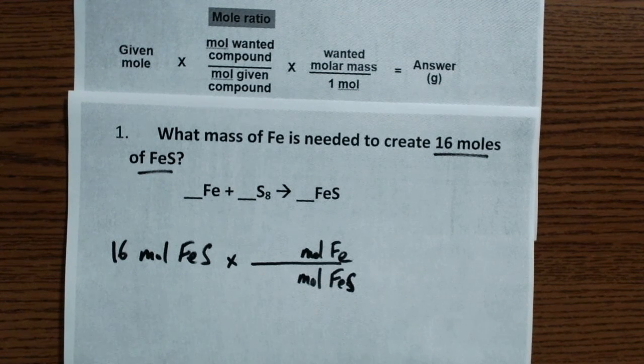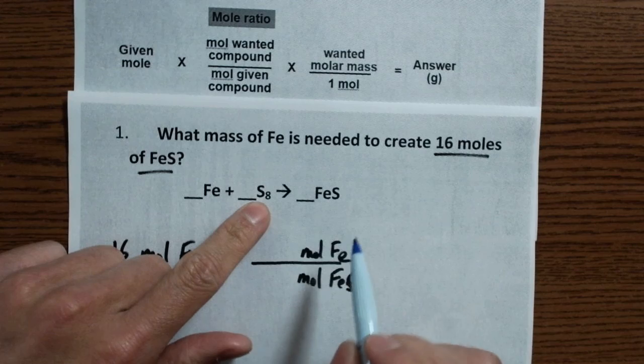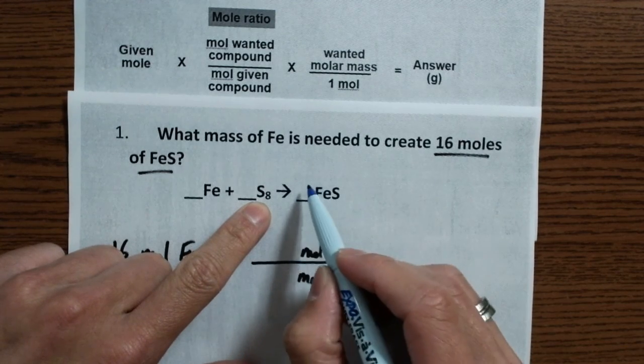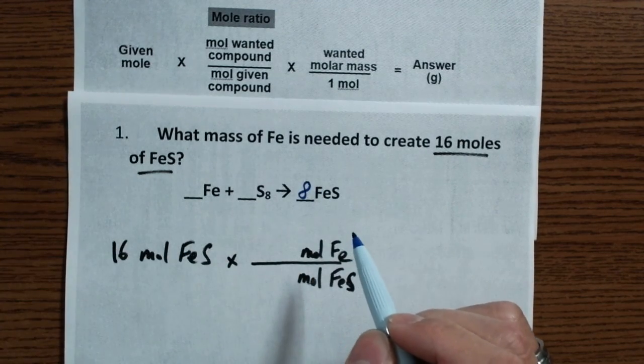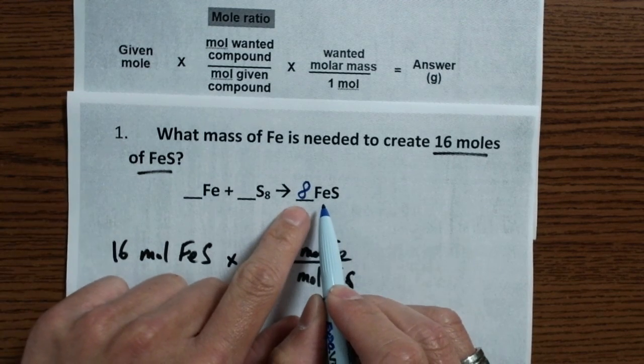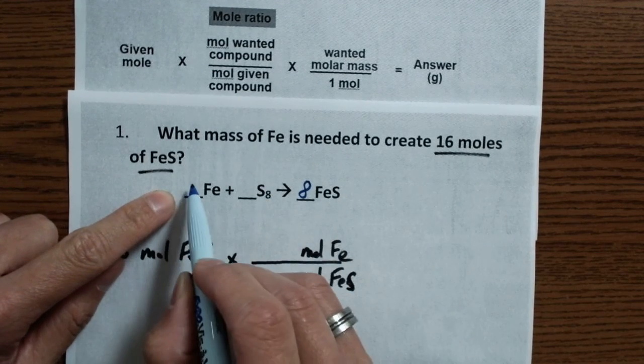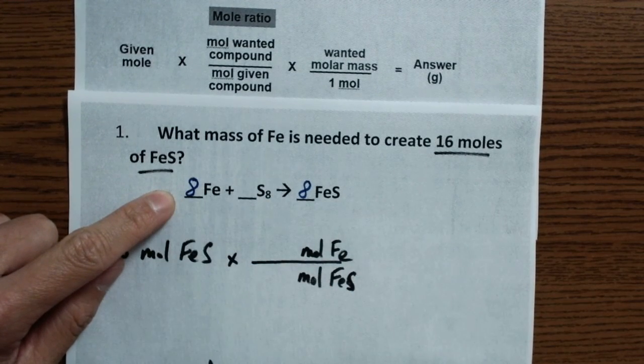So, forgot to do this, but you should have balanced the equation first. So let's balance it really quick right now before we plug in our numbers. If you look at your equation, 8 S's, 1 over here. We're going to put an 8 on the top to balance that out. You put an 8 here, you also mess with the Fe, so I got to go over on this side and put an 8 on Fe.